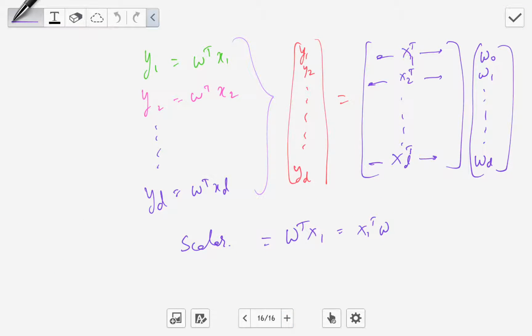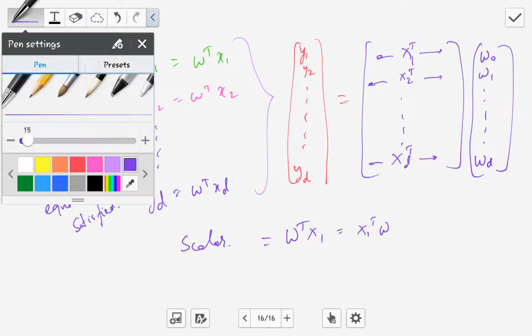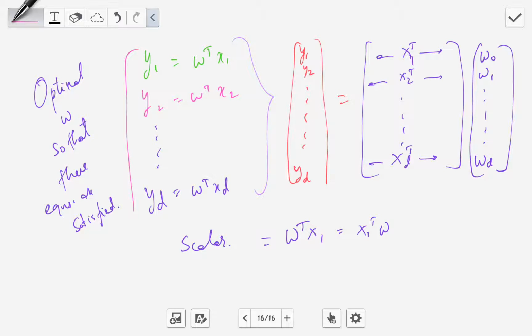See, this is what we want, isn't it? This y1, we want to find an optimal w so that these equations are satisfied. We want an optimal w so that these are satisfied. We don't know what the w is yet.